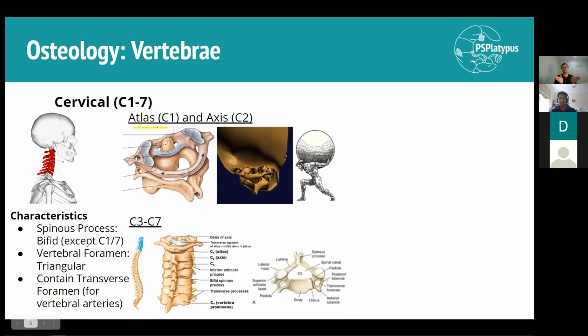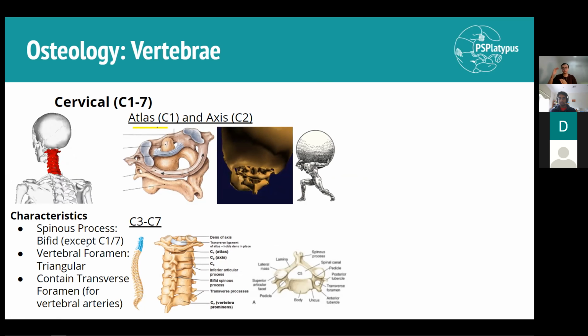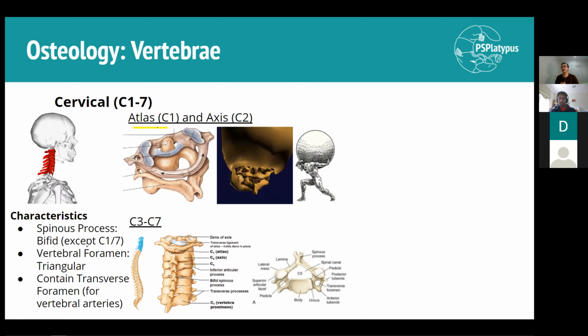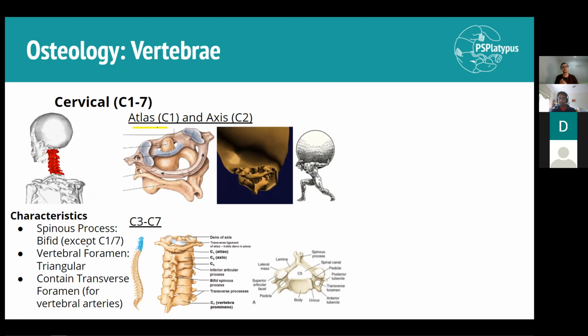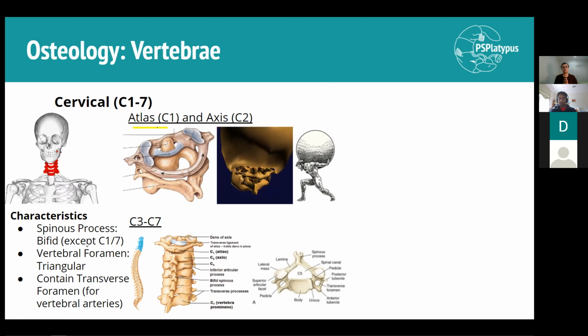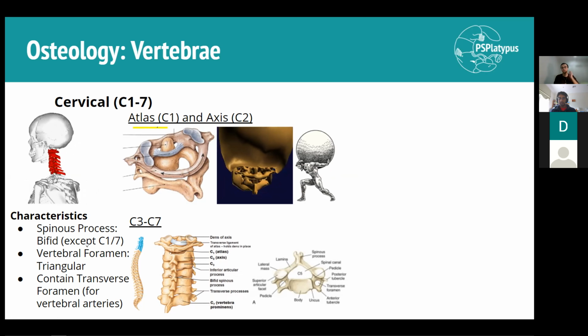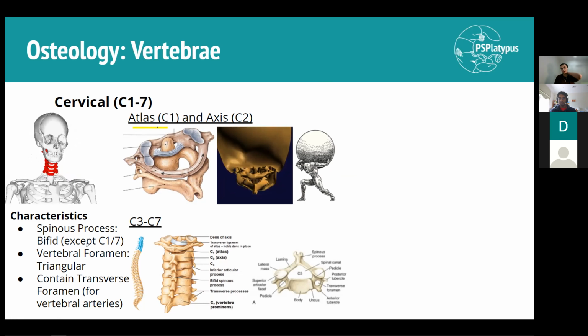So it splits into two, or bifurcates, for all of the cervical vertebrae except for C1, because again, it's the special Atlas piece. And C7 is also special because it's not bifurcating; it's forming this very long process that you can actually palpate at the back of your neck. It's one of the first vertebrae you can palpate when you go down from your head to your neck, which is why it's used as a very good landmark. And it's called the vertebra prominens because it's very prominent in that region of the neck.